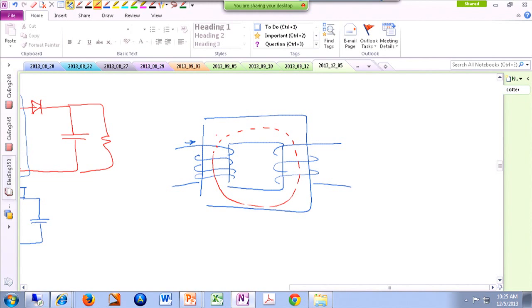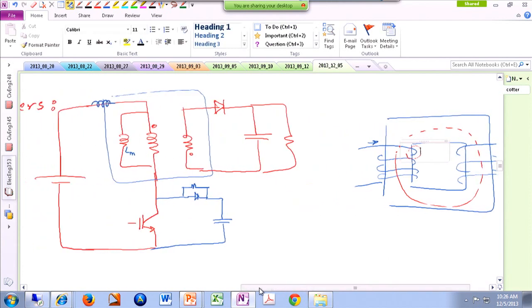So that's how the transformer actually works. However, there might be some flux generated because of the current on the primary side that is not linked to the secondary side. It's just of its own. It's circulating around just the primary side. It is not linked to the secondary side. And that is called the leakage inductance. And it's always there no matter how well you design your system.